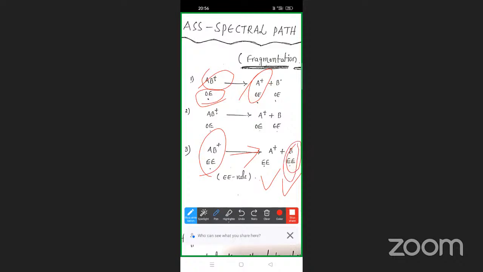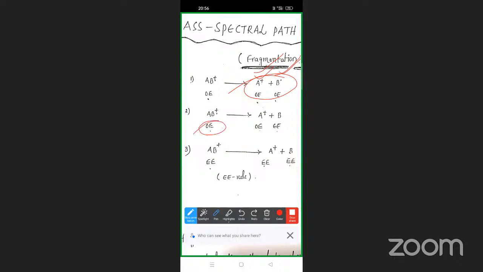In the first case, you get both species, here the cation and the free radical. Both are unstable species. And again, the molecular ion is with an odd electron here.